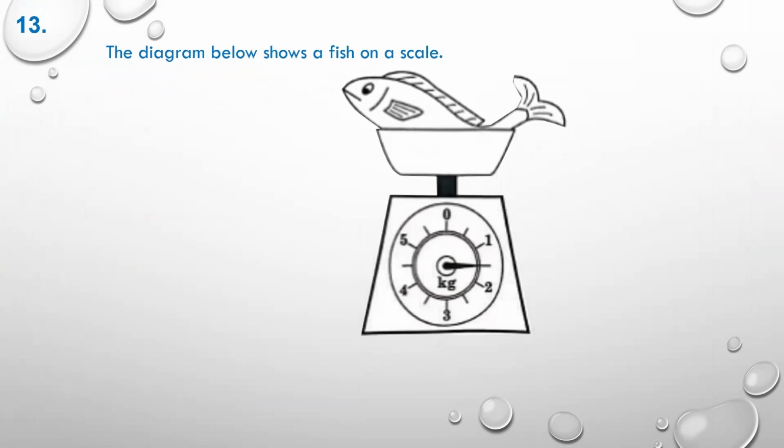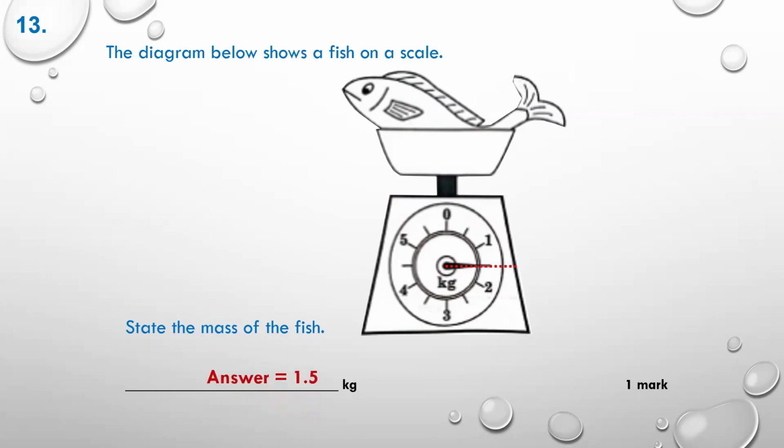State the mass of the fish in kilograms. So it's one fish alone, and it gives us a reading. Let's draw a line going across a little bigger so you could see it. It's exactly the middle of 1 kilogram and 2 kilograms. And what's the middle of those? 1.5 kilograms.